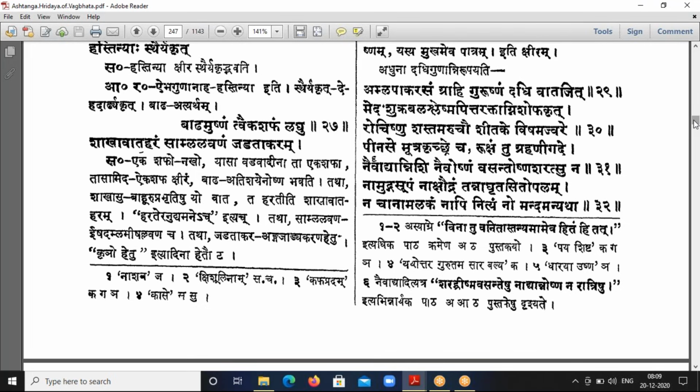Meda shukra bala shleshma pitta rekta agni shobhakrut rojishnu, shastam arujau shidage vishamajware peenase mutrakritsre cha.